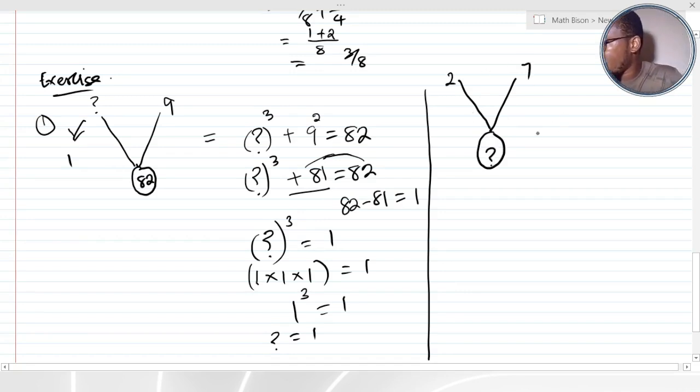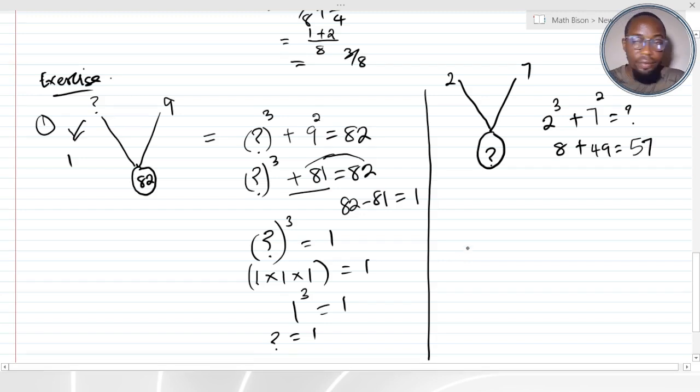This one is easier because all we need to do is 2 raised to the power 3, the cube of 2, plus 7 squared, should give us whatever is there. 2 cubed is 8, and 7 squared is 49. And your answer should be what? 57. 57 is correct. So here is 57.